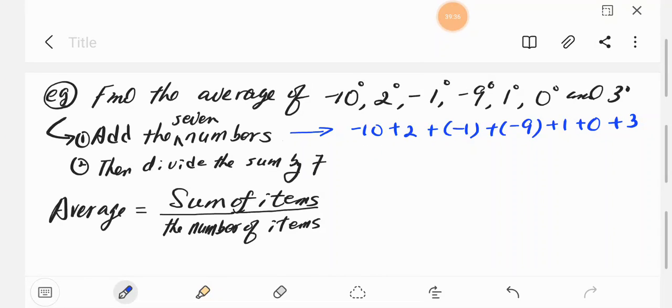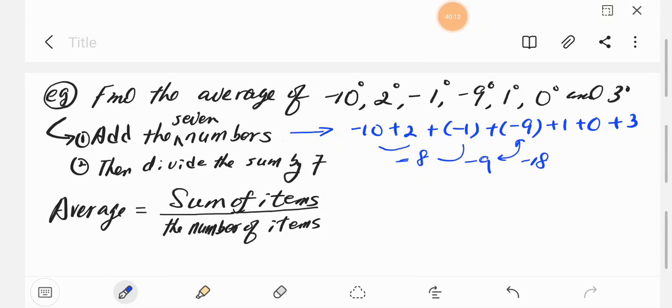Alright, then this will be equal to what? Negative 10 plus 2. Let's use a scratch paper. This is negative 8, right? And the sum of these two is negative 9. Same sign: you are adding same signs, so add and then put the negative sign. So this is negative 9, right? And adding these two is negative 18, right?